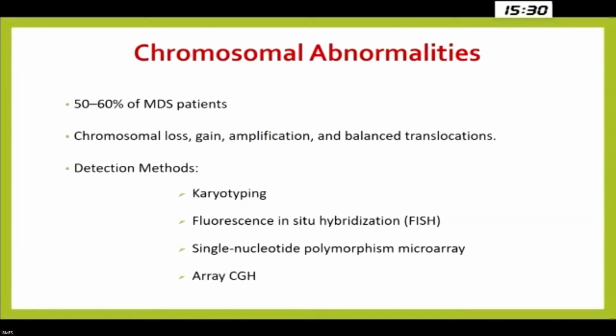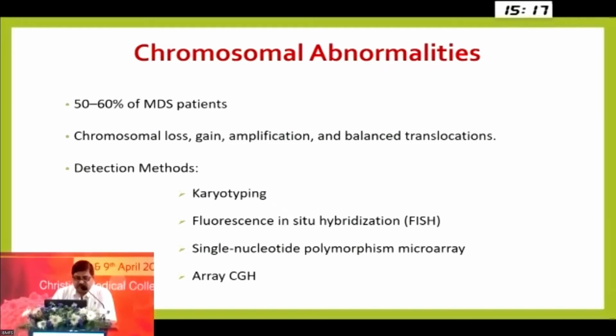Here, I would just like to say that chromosomal abnormalities came earlier than the molecular abnormalities, and we looked for myelodysplastic changes through these karyotypic abnormalities in the form of karyotyping, FISH, SNP arrays, and now you have array CGH.